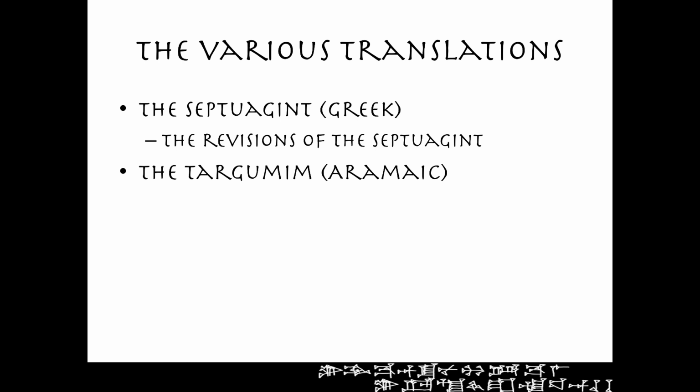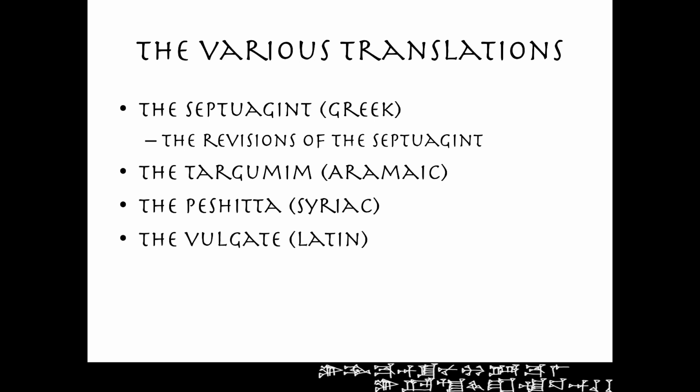They can be a little more interpretive, but these are the Aramaic translations of the Hebrew text. Then the Syriac Peshitta, distinguished from the other Peshitta, which we'll talk about when we get there. This is in Syriac. And then finally, the Latin Vulgate. There is an Arabic translation, but I'm just going to stick to these 4 because I think they're probably used more frequently and more commonly.